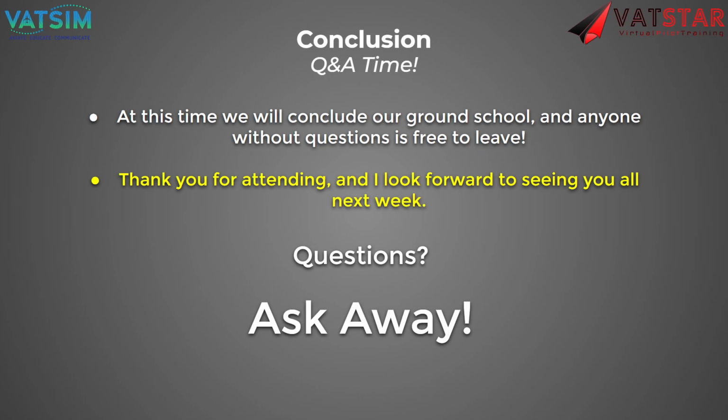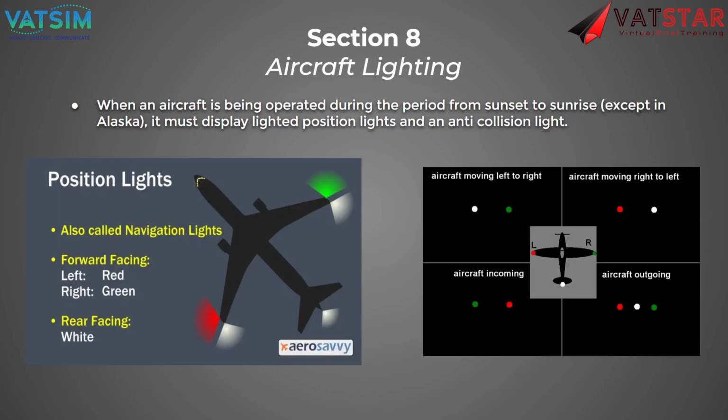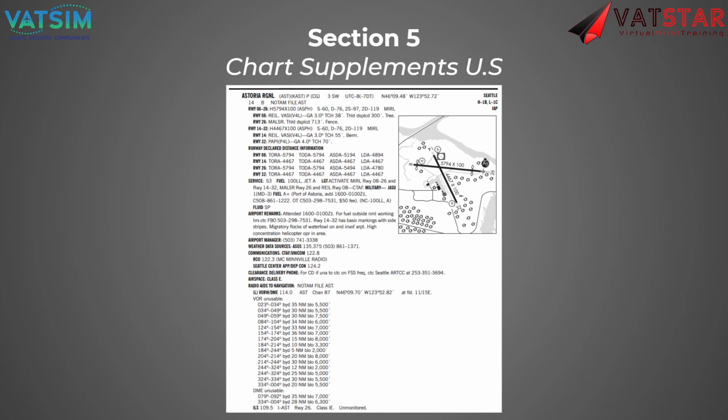What's the pattern flight level normally, or is it shown in the chart? So a pattern for a non-turbojet airplane is always 1,000 feet AGL, above ground level. Astoria, if we look at the chart supplement, has a field elevation of 14 feet, not 1,014 feet.